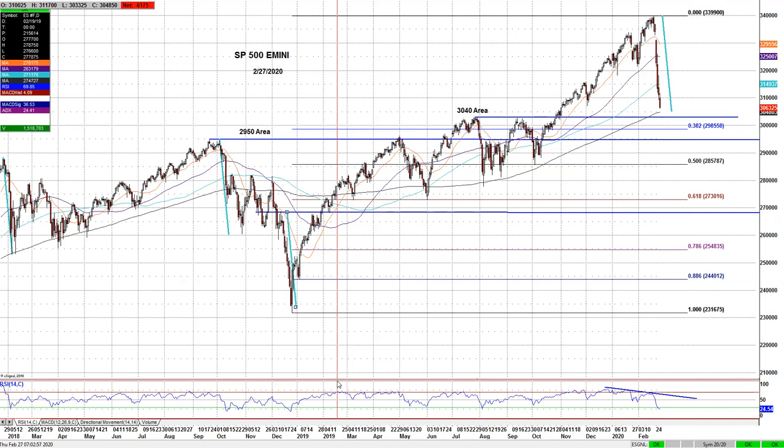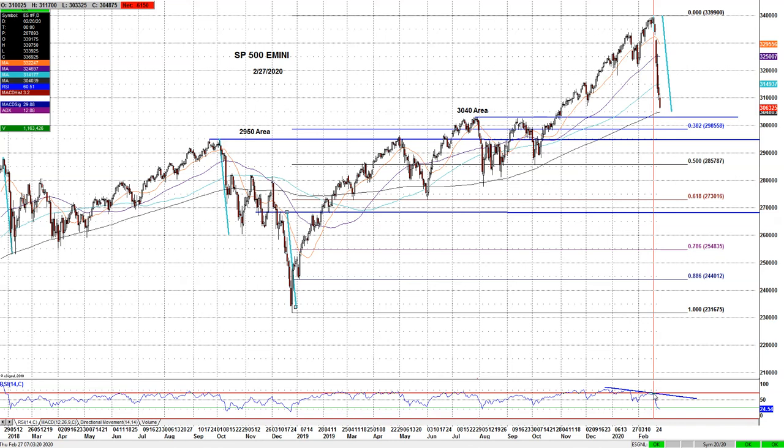Let's take a look now. We had used the RSI for the divergences. Now, this is not the only divergence. This was used in the video from February 21st. But there were other divergences as well. There were index divergences going on.